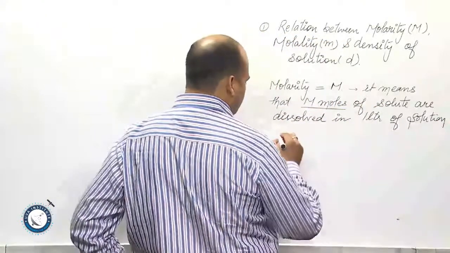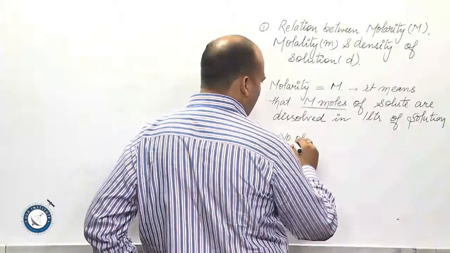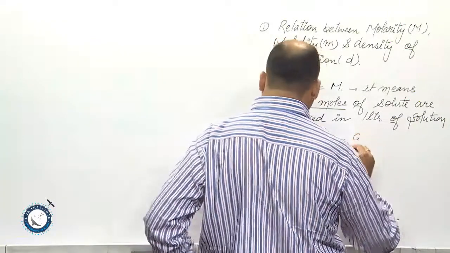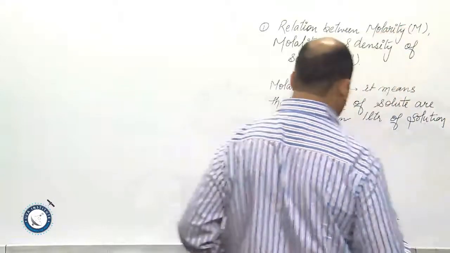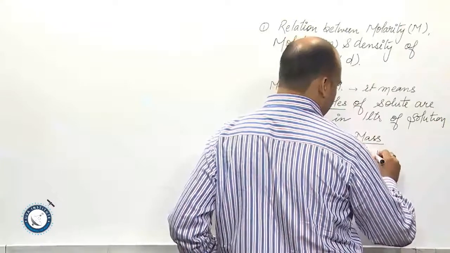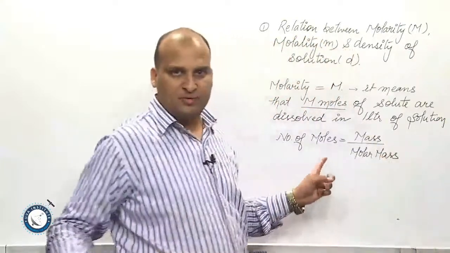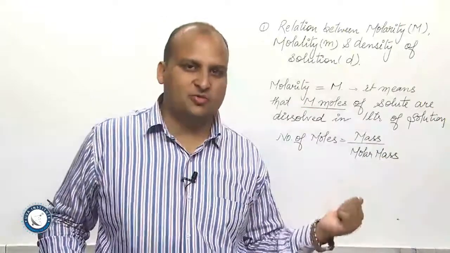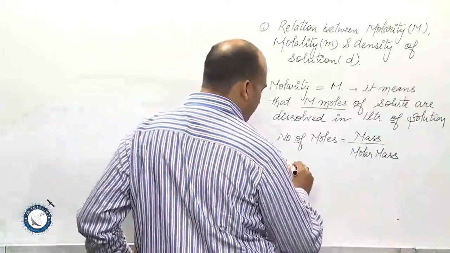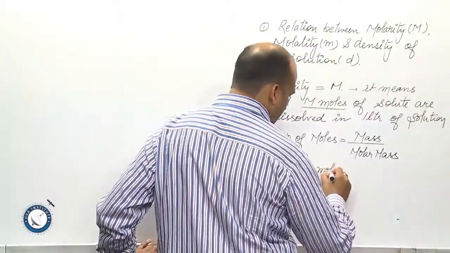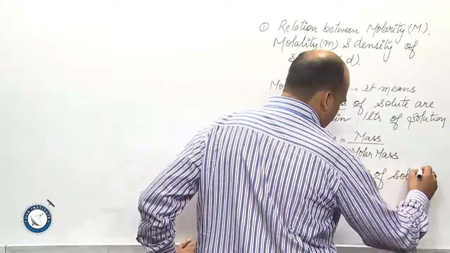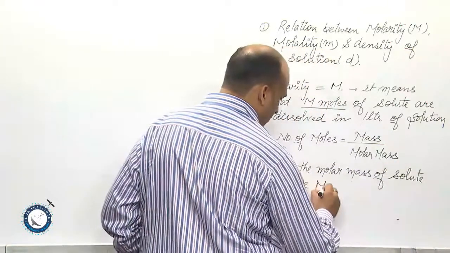Okay. So, now number of moles is equal to mass upon molar mass. I hope everybody remembers this. Number of moles is mass upon molar mass. So, let the molar mass of solute be M naught.